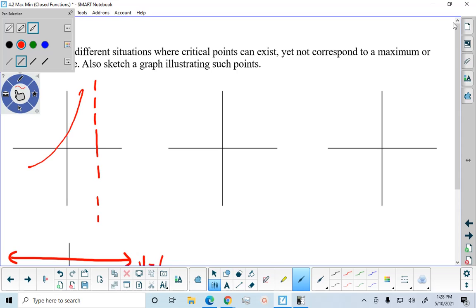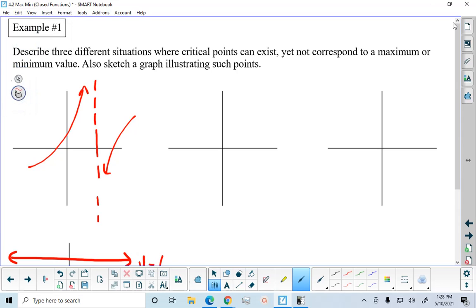And maybe the graph looks like this and like that. And there will be a critical value here at this value of x. I'm going to call it a. But at a, the derivative is not defined.